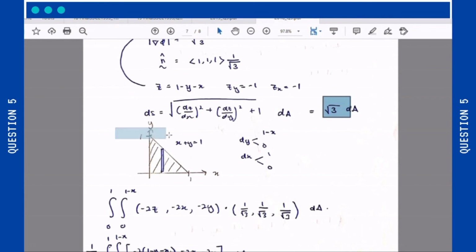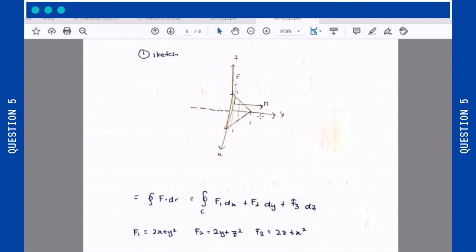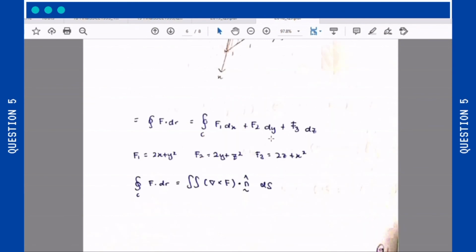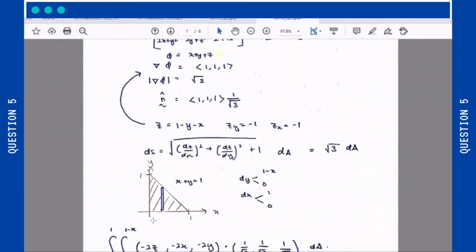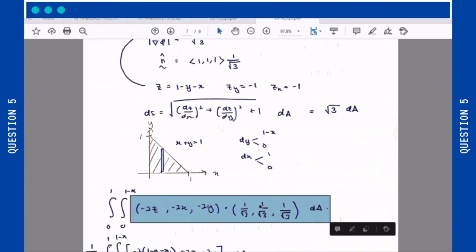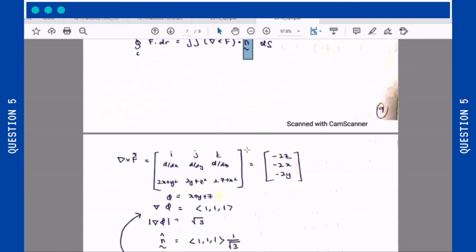And next we look at the shaded region, which I took from the xy plane, and now we solve it as what we learned from chapter 4. We put in this equation that we get from here. This value we know, and this value we also get.